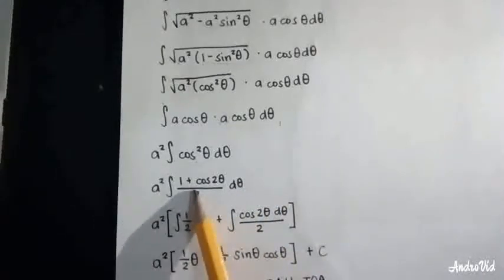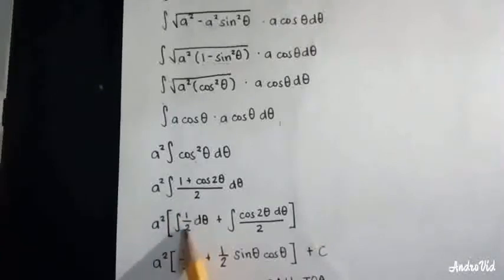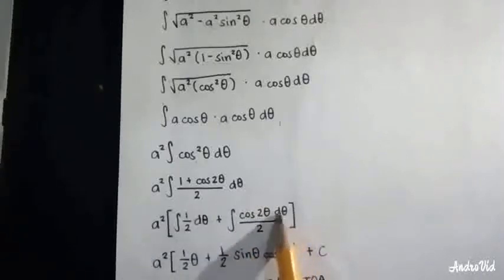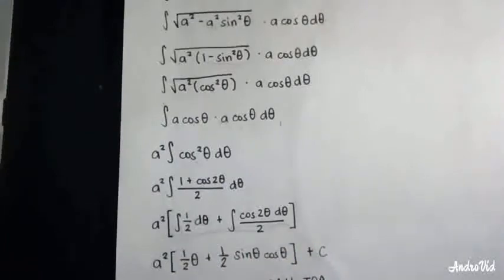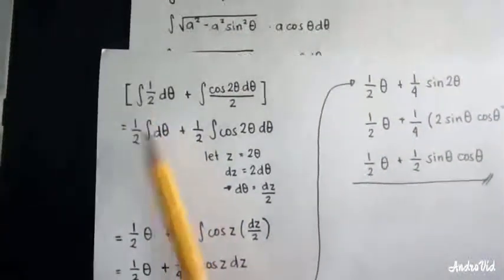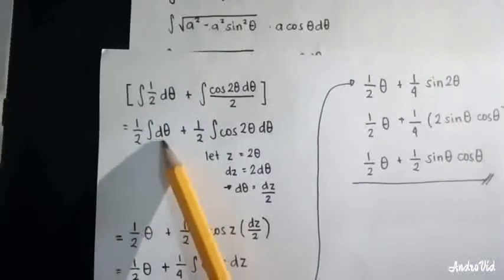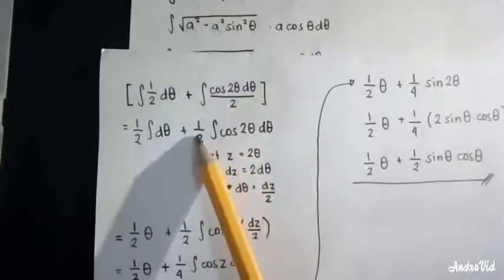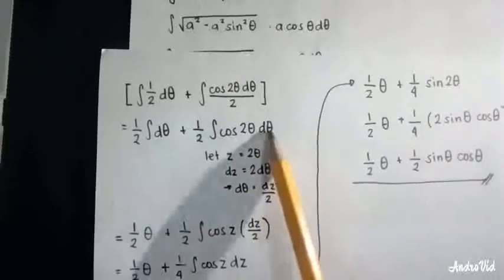To perform linearity, we have a squared times the bracket: integral of 1/2 d theta plus integral of cos 2 theta d theta, all over 2. To solve for this, we're gonna bring out the constant 1/2 d theta plus bring out the constant 1/2 cosine 2 theta d theta.